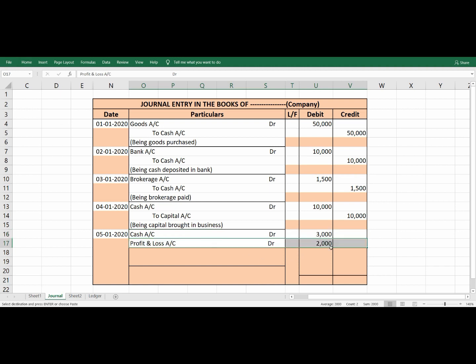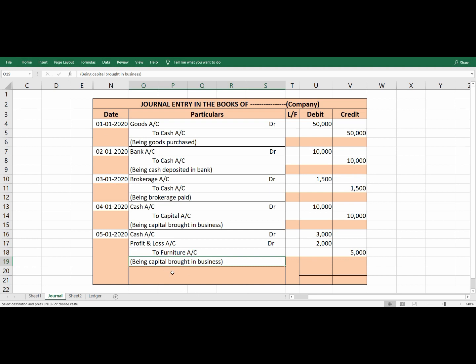The loss of 2,000 rupees will be again debited. And furniture, the original worth of furniture was 5,000 rupees. That is why furniture account will be credited with rupees 5,000. The narration for this entry is being capital brought in business.